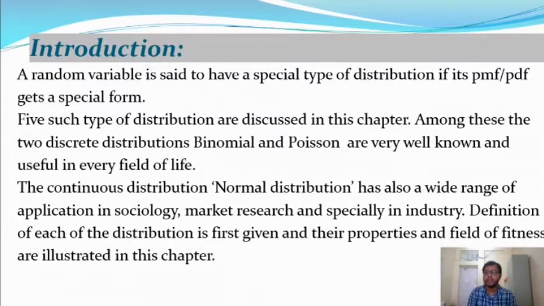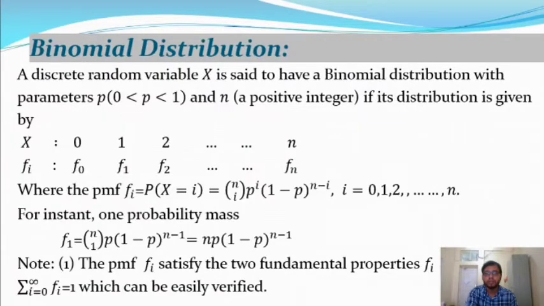There are many special types of distributions, and among these the very important ones are the binomial distribution for the discrete case, and the normal and standard normal distributions for the continuous case. We will discuss these in this chapter. First of all, we'll start with the binomial distribution.